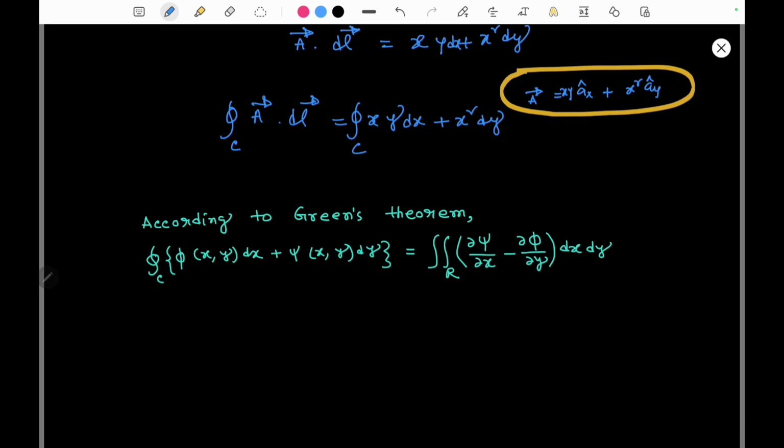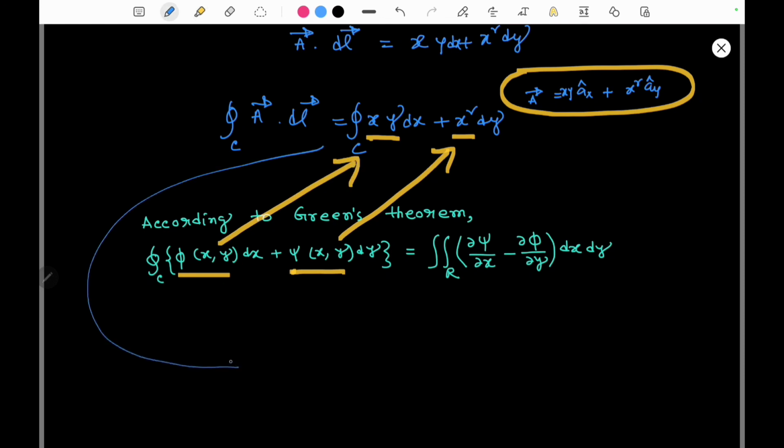So similarly we can relate: here psi(x,y) is written, here this is written, and here phi(x,y) is written. So we can make an arrow like that, and we can write double integration.